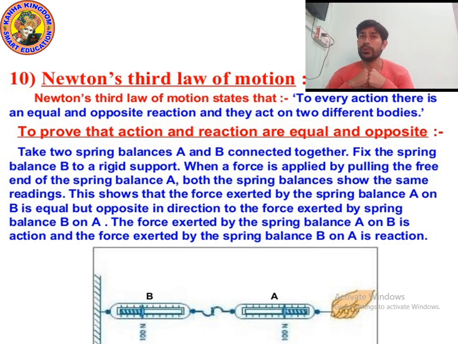And according to Newton's third law of motion, to every action there is equal and opposite reaction. So you are pulling A spring balance, which is action, but the effect is also on B, which is actually a reaction. The value is the same.